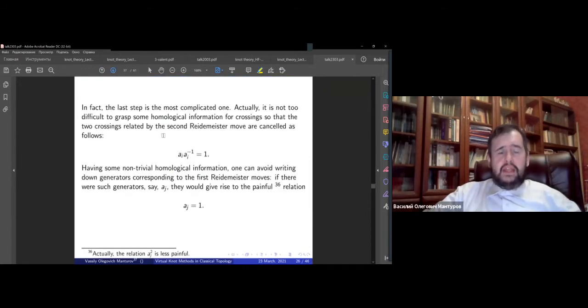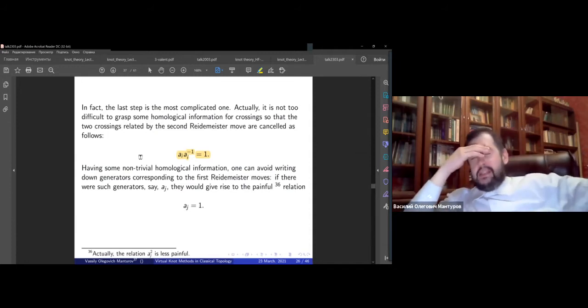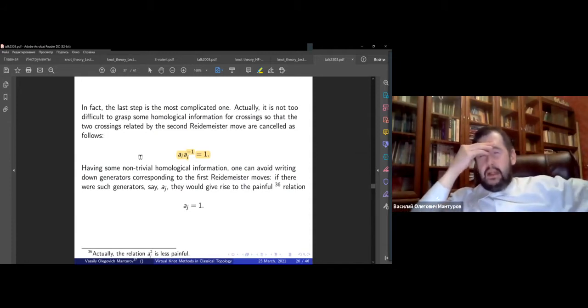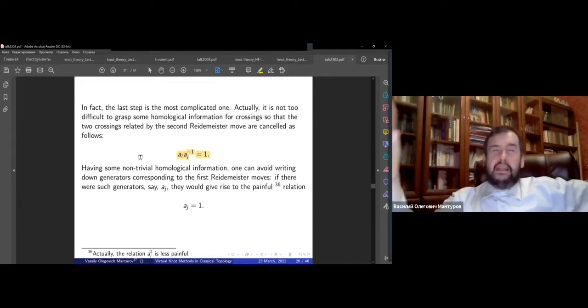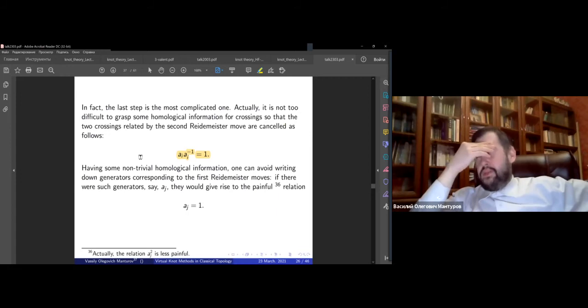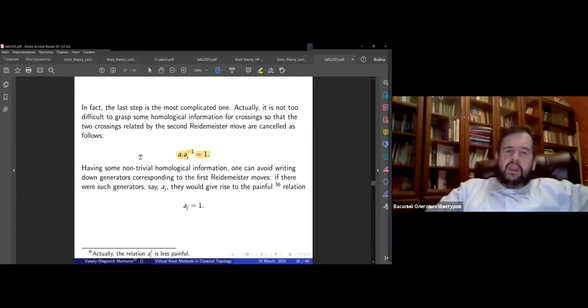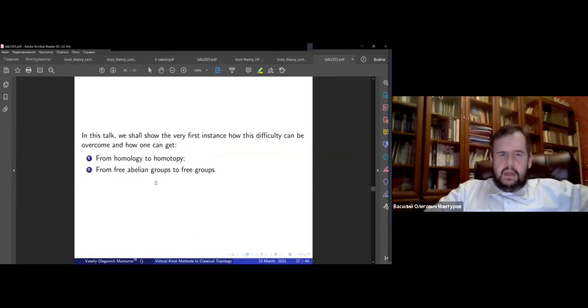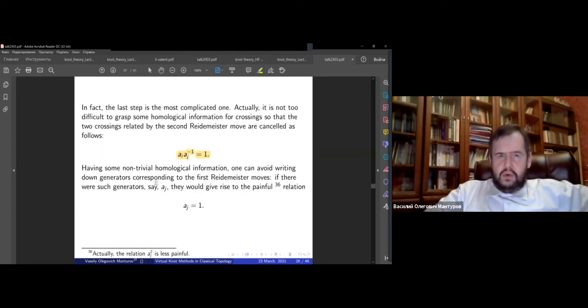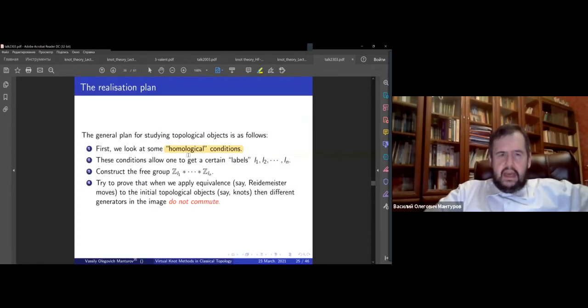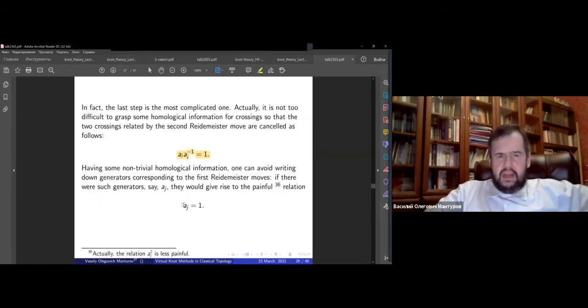Okay. One more thing I have to mention is that I really need odd objects, because if, for example, I just count classical crossings and I want to associate letters to something like classical crossings, then the first Reidemeister move can, oh, excuse me, my mouse is too quick, maybe. For classical knots, I can get a painful relation like that.